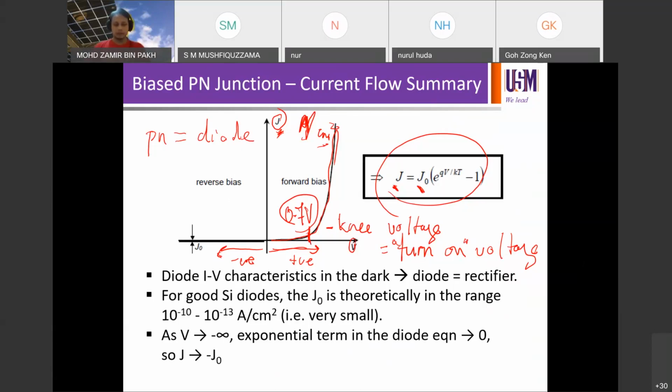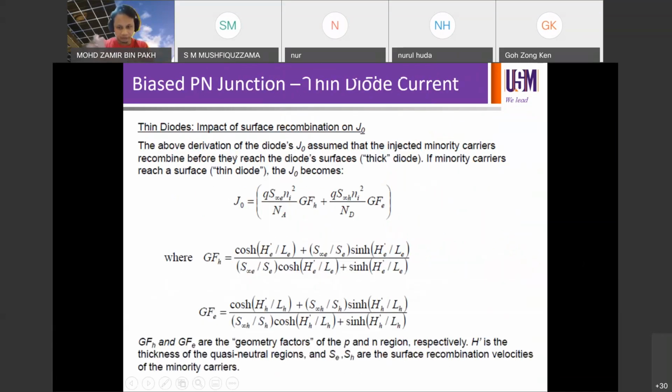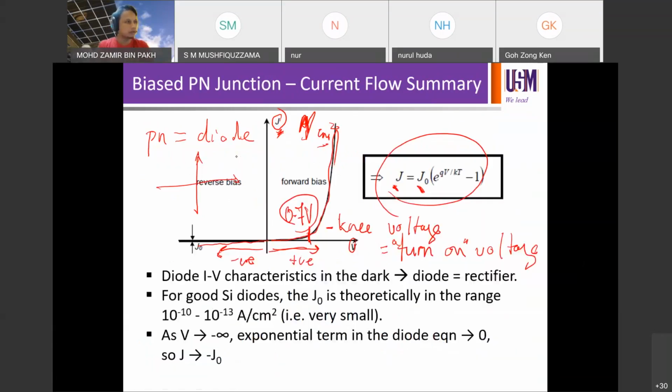Okay, reverse bias is when it's negative, and J naught is here. J naught is this small region. If you zoom into this region of the JV curve, and let me exaggerate a little bit, J naught is going to be here, right?